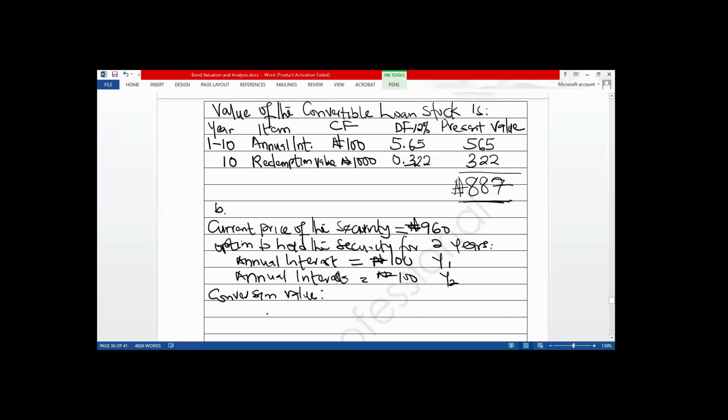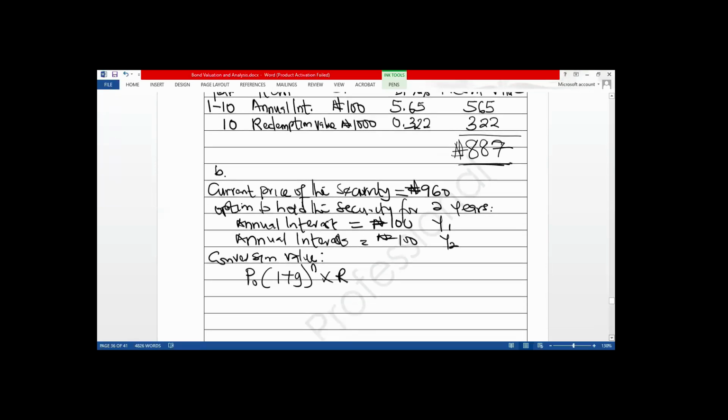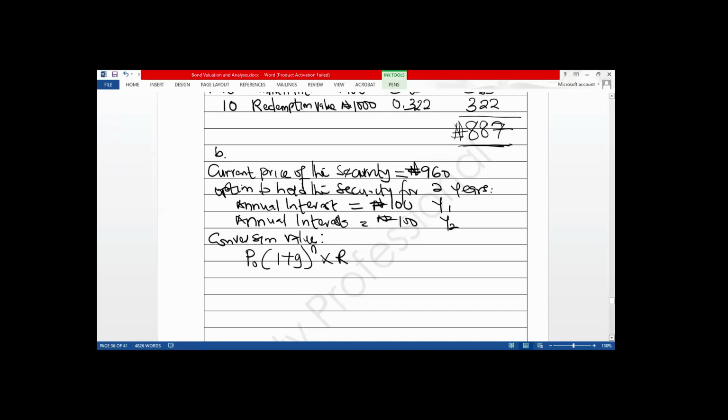Remember the formula is equal to P0 bracket 1 plus G raised to power N multiplied by R. The conversion value in 2 years' time, where your P0 is the current share price.